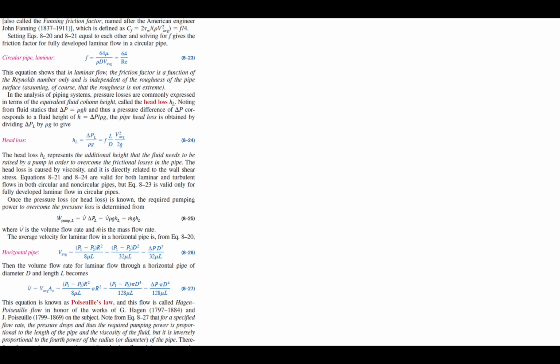We will see. For a circular pipe, if the flow is laminar, your f is equal to 64 by Re. But if the flow is not laminar, it is turbulent, then what will be the value of f?